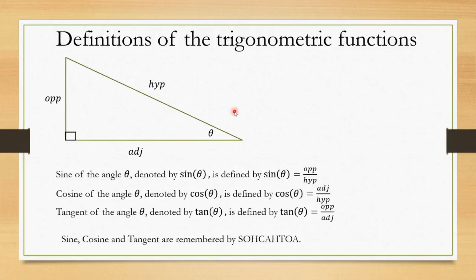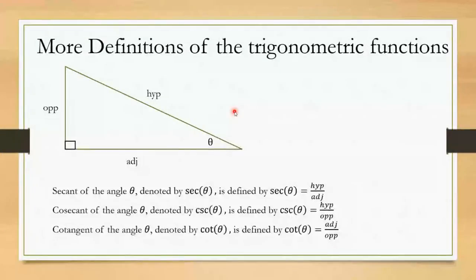We also have these three definitions. I'm not sure if there's a device like SOHCAHTOA to remember these three: secant of theta, cosecant of theta, cotangent of theta. What does turn out to happen, though, is there are identities we can use to remember these three.